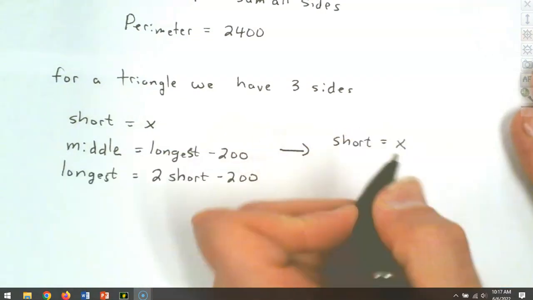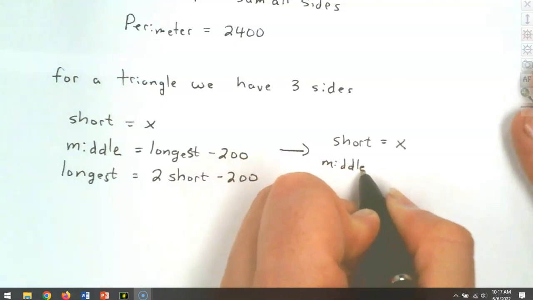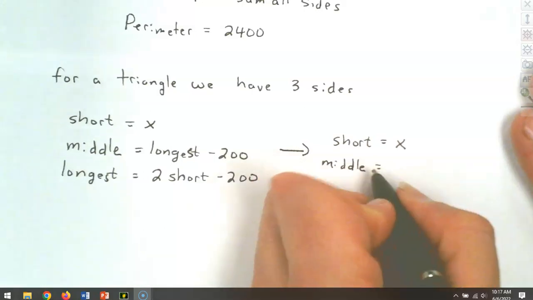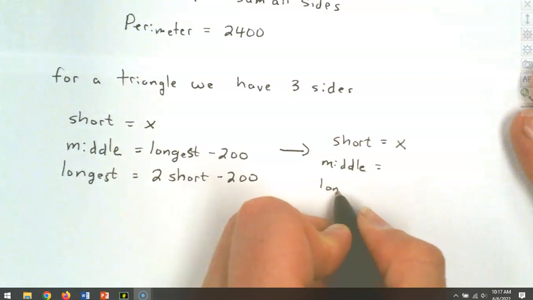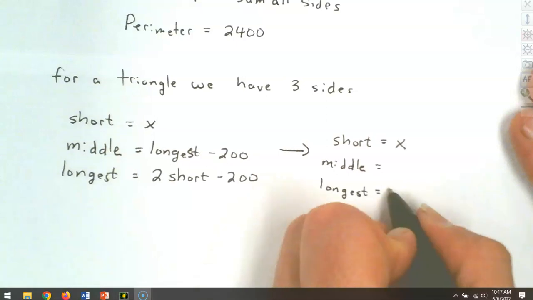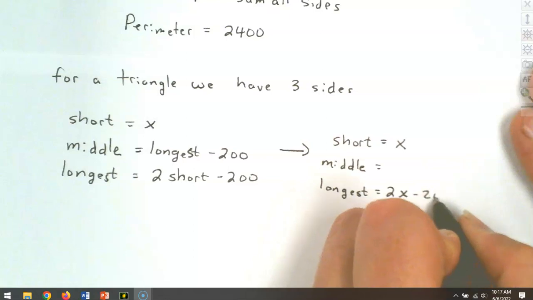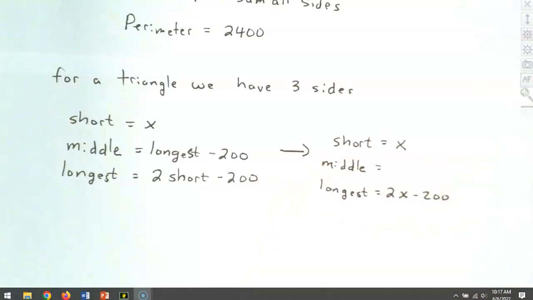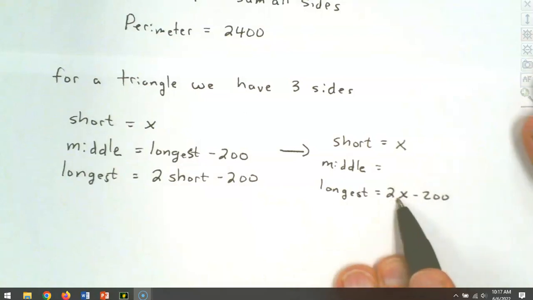So our short side is x. What about the middle side? The middle side is the longest, minus 200. We'll come back to that one. What about our longest side? Our longest side is 2 times the shortest one, so that's 2x minus 200. Now, what about our middle side? We purposely waited because it depends on the longest side.